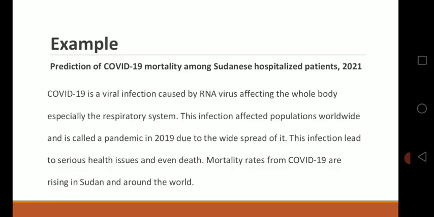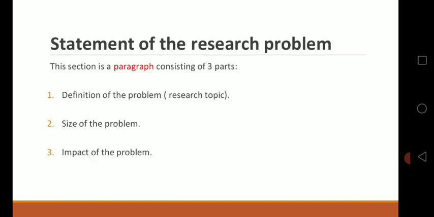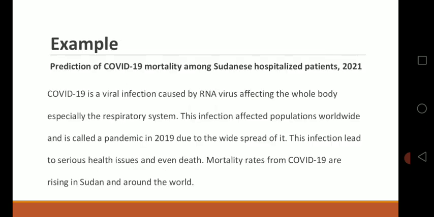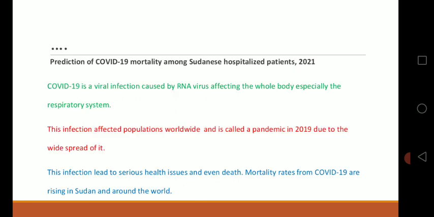Then I went on to make the rest of the statement of the research problem. For the second part we said define the size of the problem. Okay, then in another sentence I describe the size of the problem.